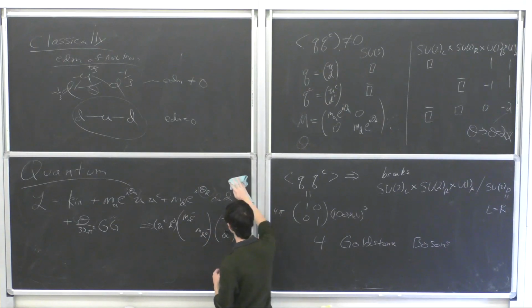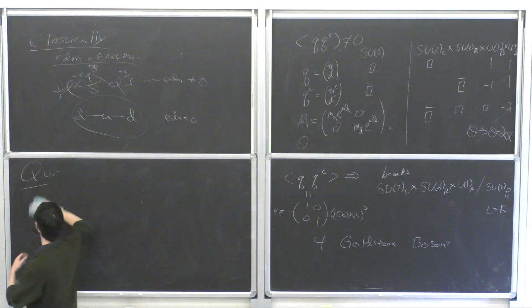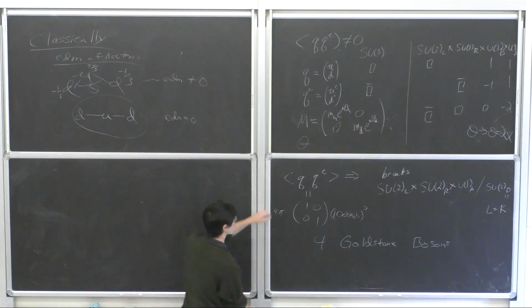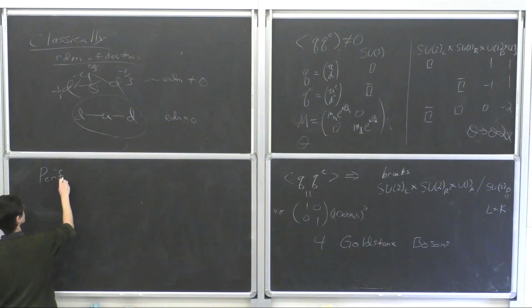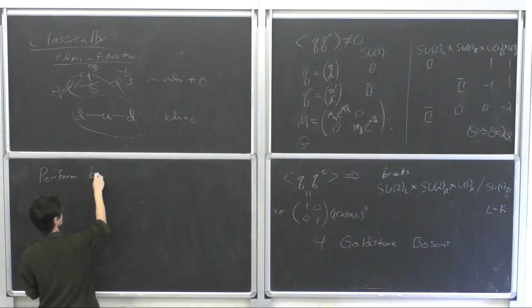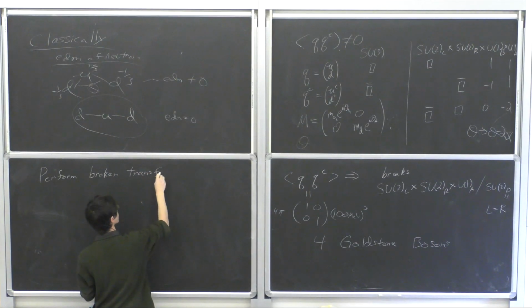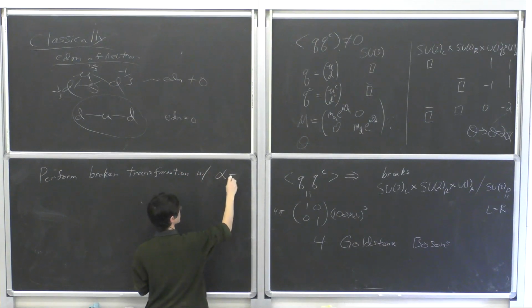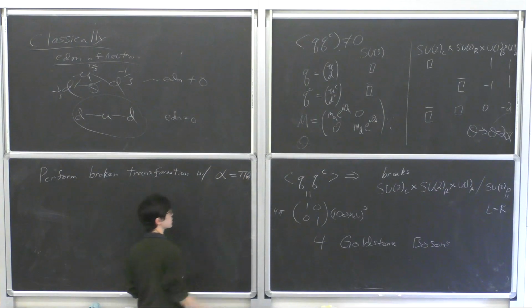If you recall, it's actually a part of Goldstone's theorem. It also tells you how to talk about them, which is you take your vacuum and you just perform a broken rotation, a broken transformation, with alpha equal to your pion positions, and that gives you everything.